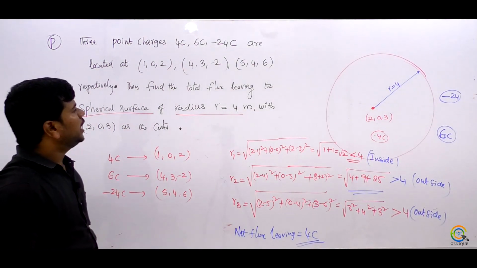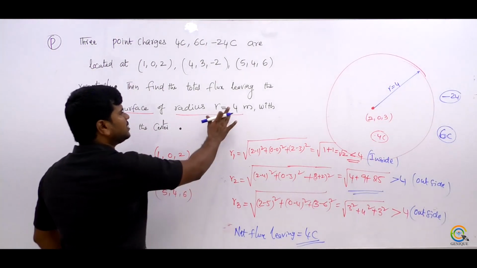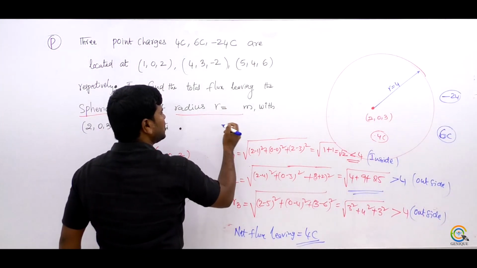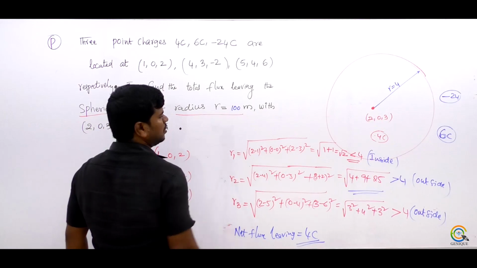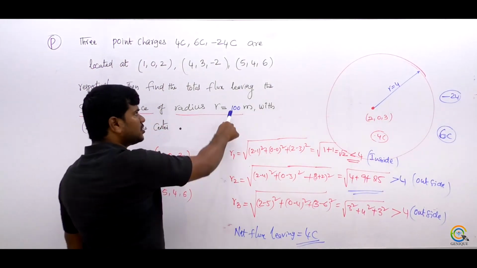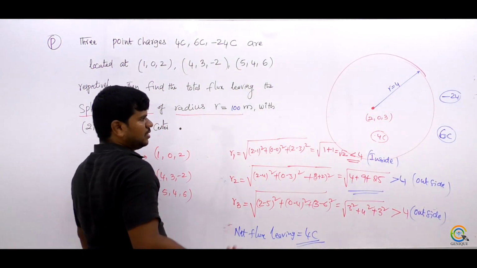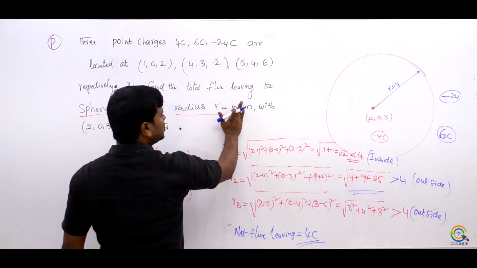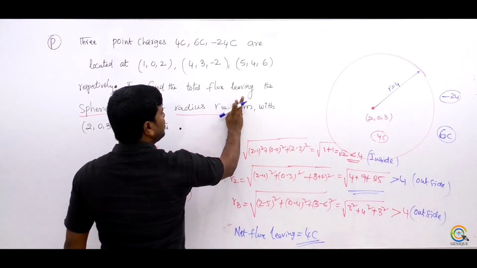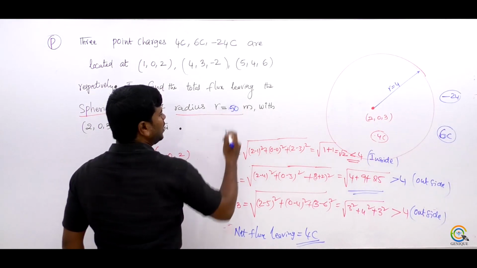Suppose the radius is, let us say, 100 meters, or some 50 meters. What happens?